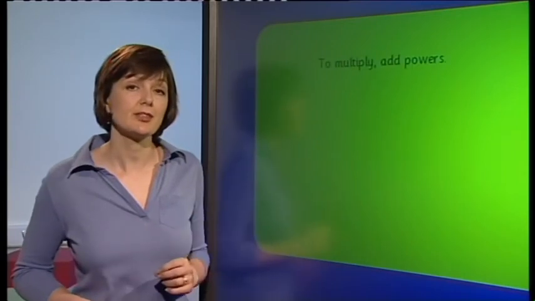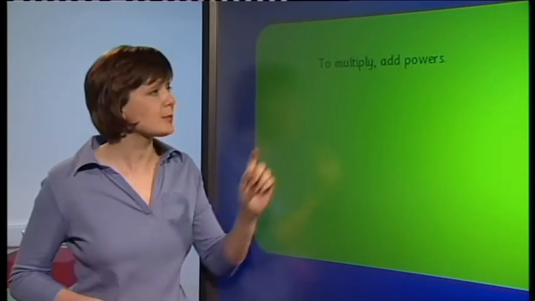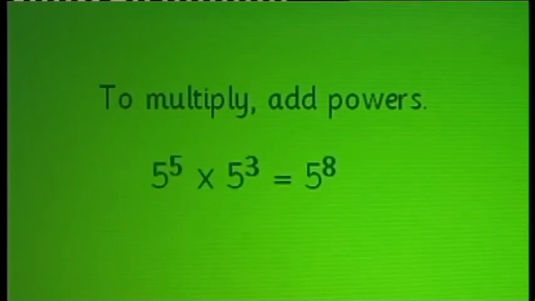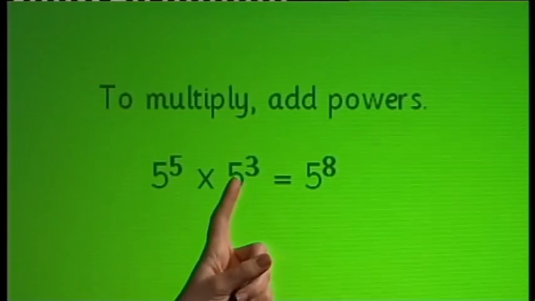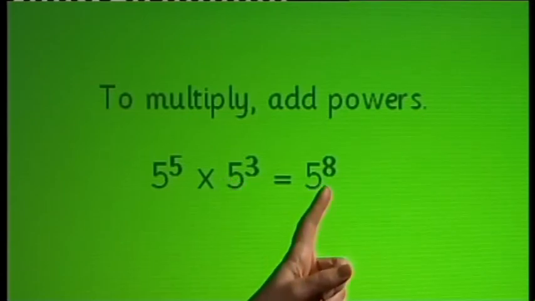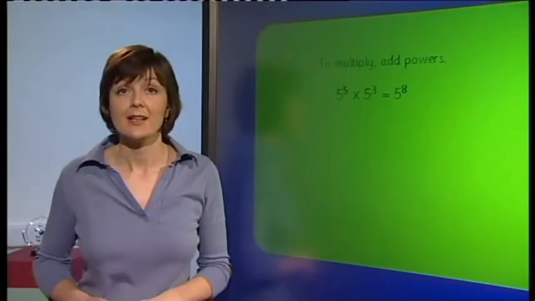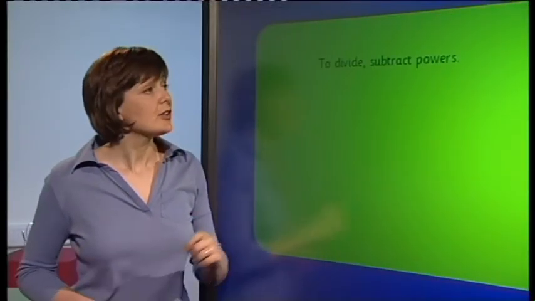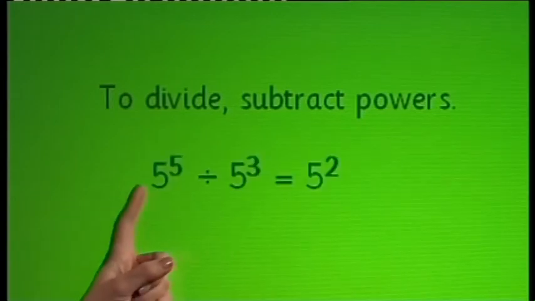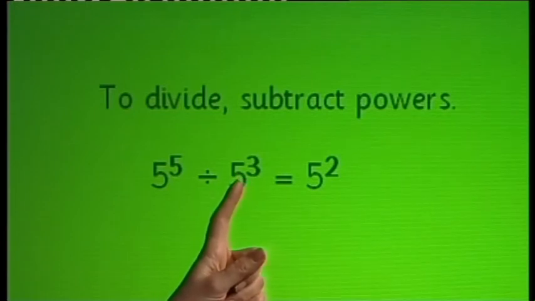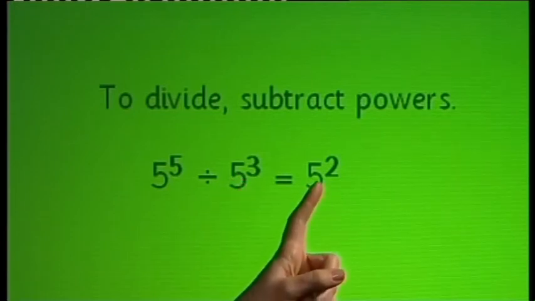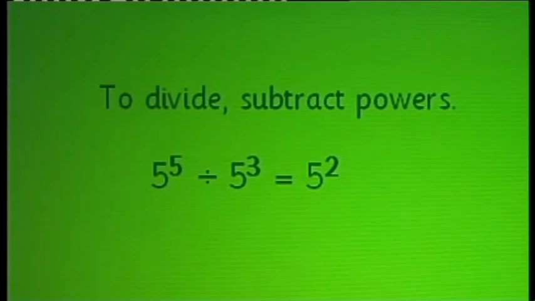The multiplication rule tells you that when multiplying you add the powers. So for example, 5 to the power 5 multiplied by 5 to the power 3 equals 5 to the power 8. To divide, you subtract the powers. So 5 to the power 5 divided by 5 to the power 3 gives you 5 to the power 2, or 5 squared.